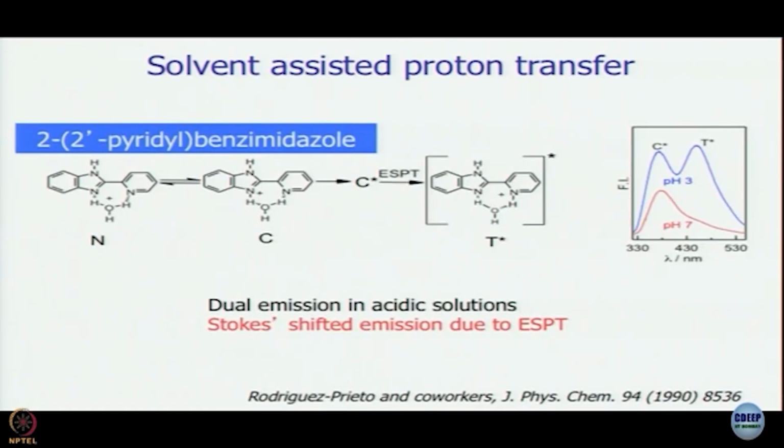This molecule has been studied extensively by the group of Flor Rodriguez Prieto, and we have done some work in confined media, a lot of work on this family, pyridyl benzimidazoles. Here the geometry of the molecule is such that you need an H3O plus bridge for the proton transfer to take place. So, if you do not have this intermolecular hydrogen bonding with solvents, then there is no ESIPT. So, it can work both ways.